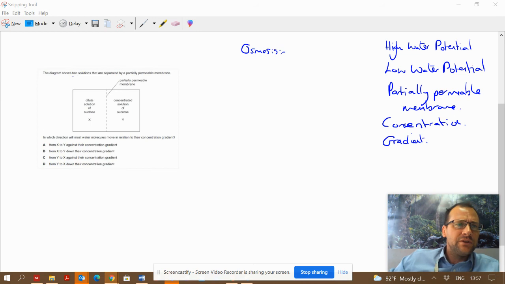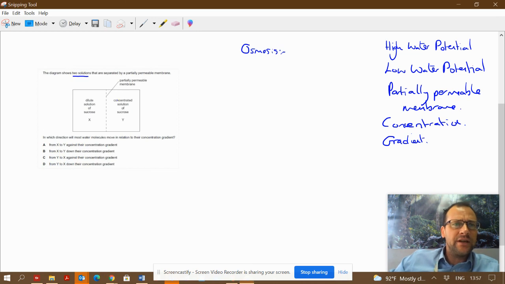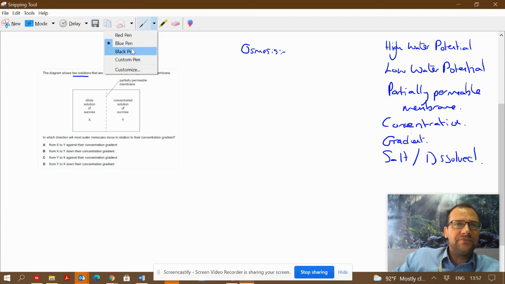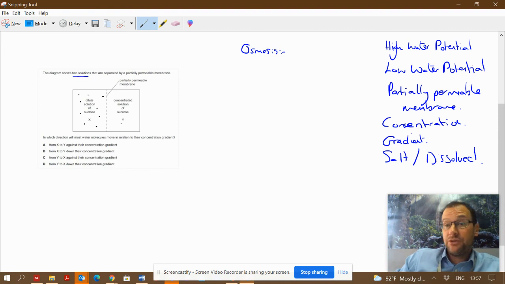So we've got two solutions here, X and Y. A solution means that we have a salt dissolved. Okay, so there are particles of salt dissolved in this water here. So let's go, salt particles are black. This is a dilute solution, so we don't have that many particles of sucrose.